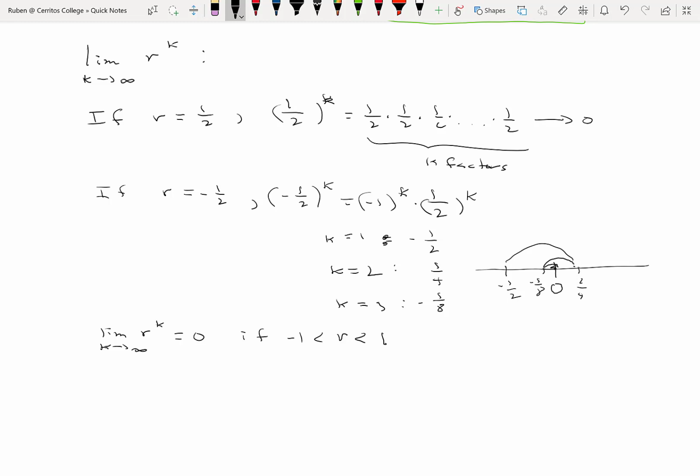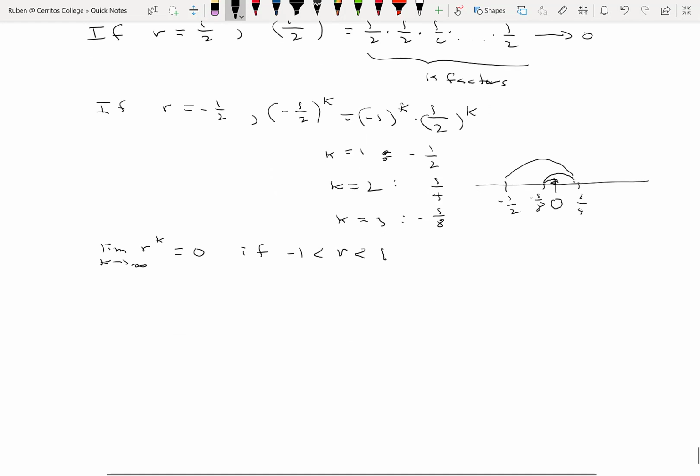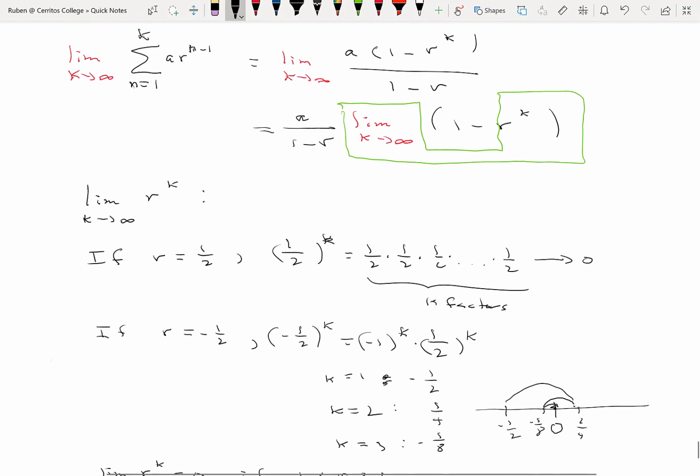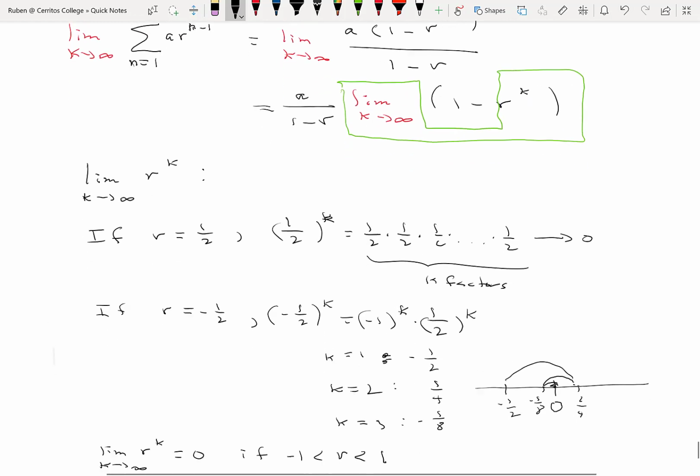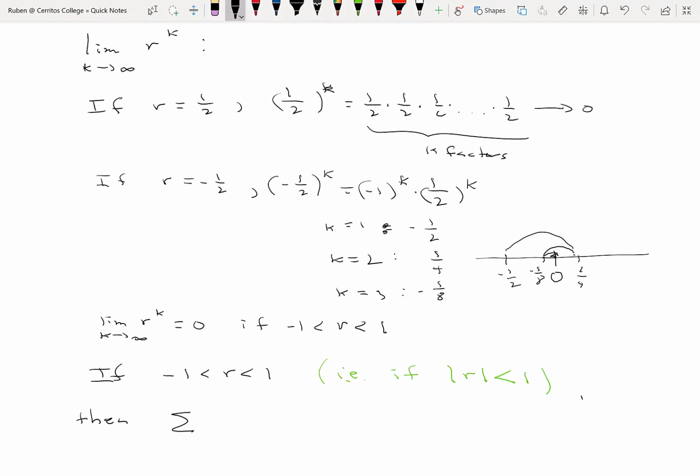Okay? If r is between -1 and 1, that is, if the absolute value of r is less than 1, then look back at our series, the sum from n equals 1 to infinity of ar to the n-1.